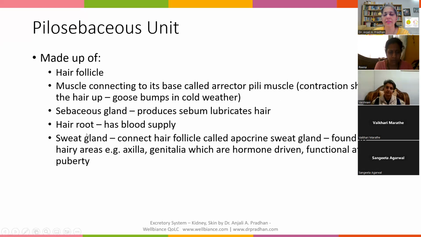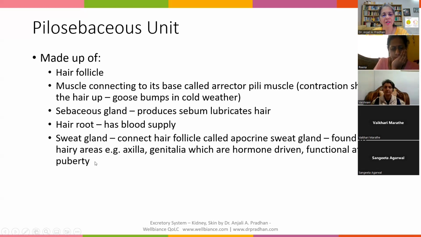It also has sweat glands, not everywhere, but sweat glands along with the hair only in axilla and genitalia, and that is hormone driven. That is why it is functional after puberty. इसीलिए क्या होता है, you sweat in axilla, correct ना?